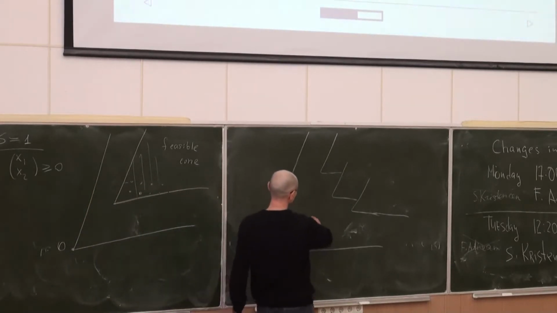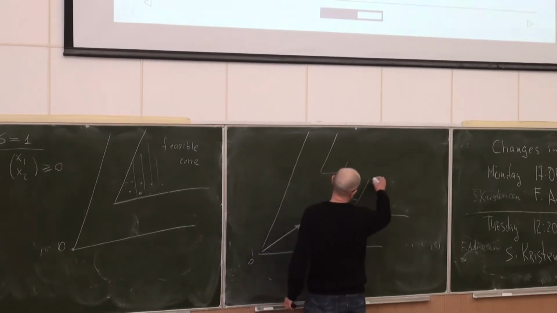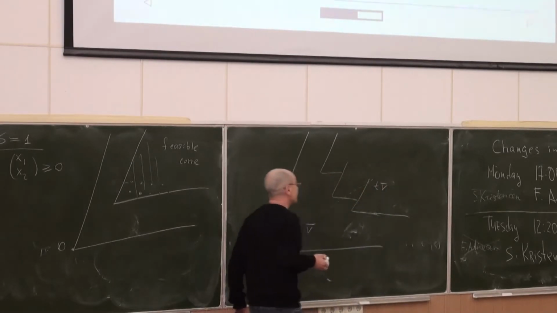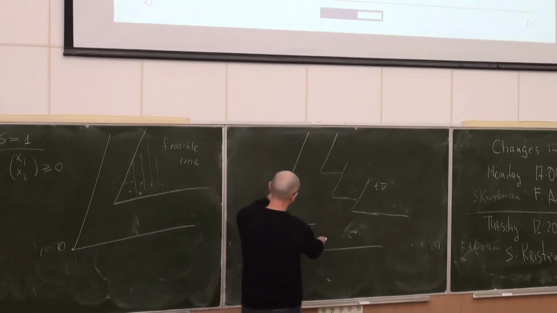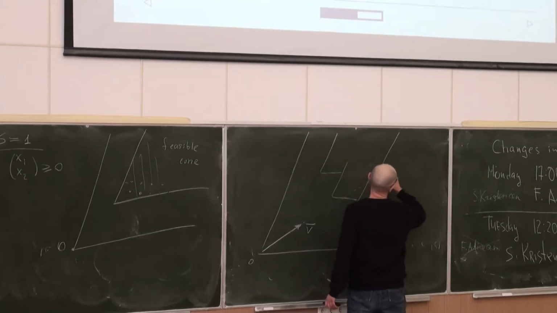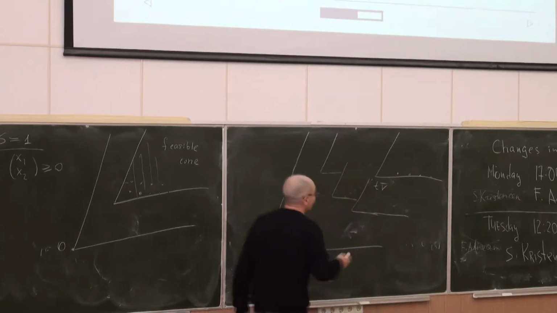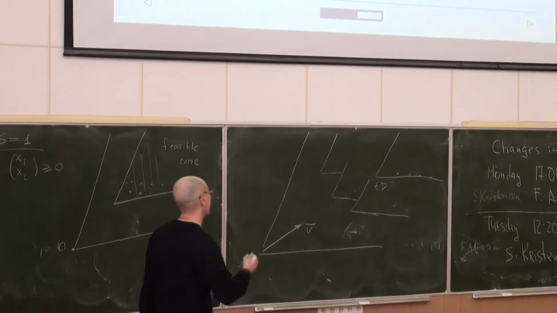Meaning that if this was our vector v, then we will estimate the minimum possible t such that the cone translated by the vector tv contains only points of our set as interior.